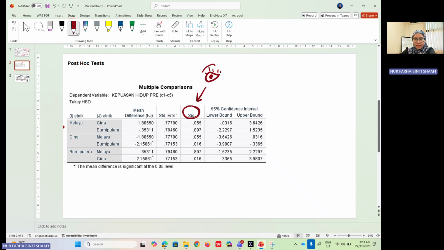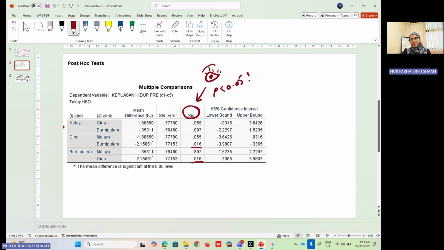So from here, please observe which value is less than 0.05. Which one? So this one, 0.016, and then this one, 0.005. Other than these two, they are more than 0.05, right?